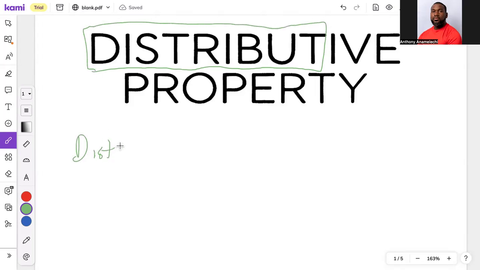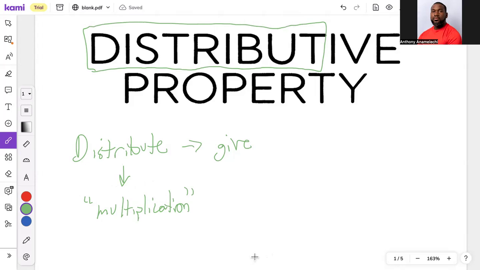Now, when you think of the word distribute, it means to give. So with the distributive property, we are going to be giving something, specifically giving multiplication. So there are basically two main parts with distributive property.